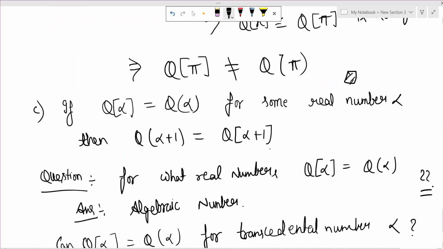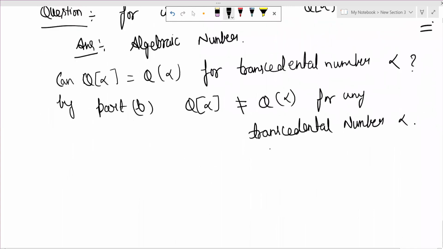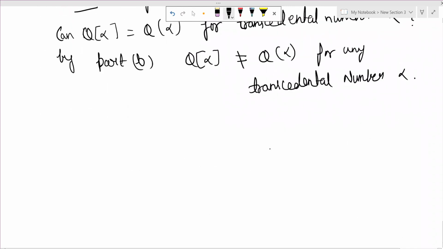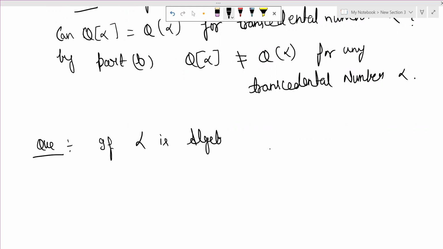It is precisely saying that if alpha is any algebraic number, then Q[alpha plus 1] is the same as Q(alpha plus 1). So the question reduces to this: if alpha belongs to R is an algebraic number, is alpha plus 1 also an algebraic number?